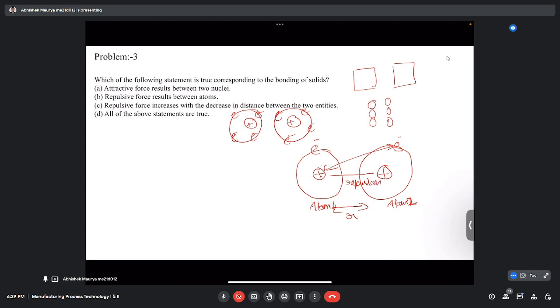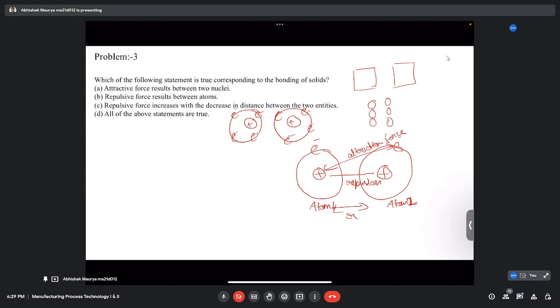Here, because of attraction between this nucleus and electron, there is an attraction force. But the magnitude of these forces is a function of distance r. So let's try to see.